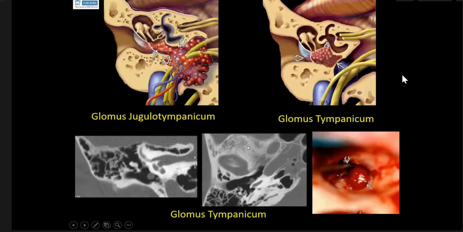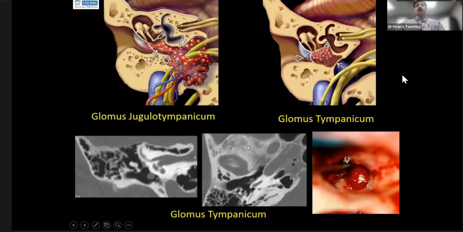When it is at the jugular foramen, we call it a glomus jugulare. When it is in between the bifurcation and the jugular foramen, we call it glomus vagale. So please remember, because in the carotid space, the vagus nerve is also there.